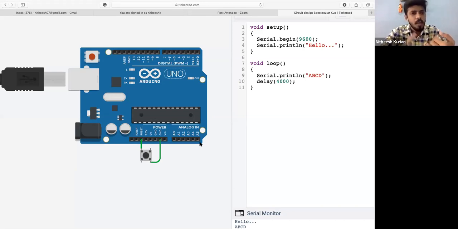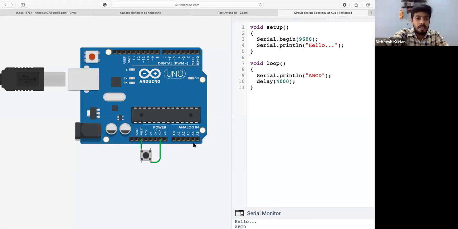If it is current, we have to convert it into voltage, and that voltage should be given to A0 up to A5, the analog input pins.